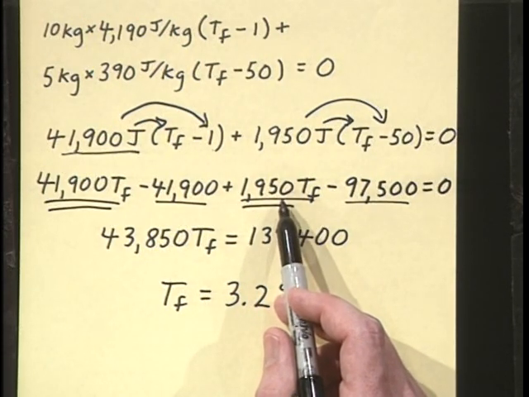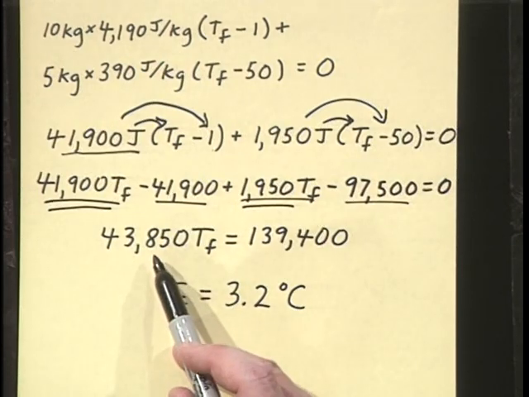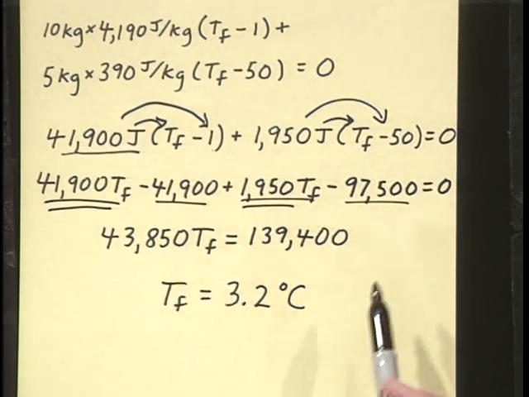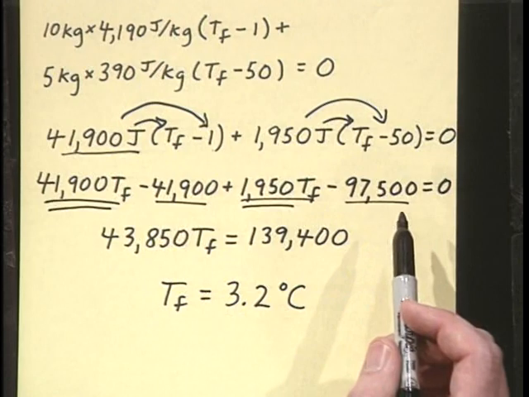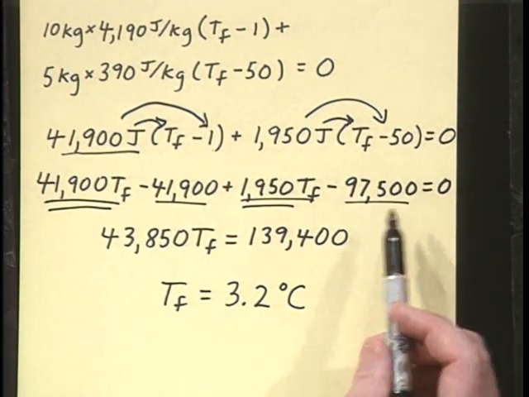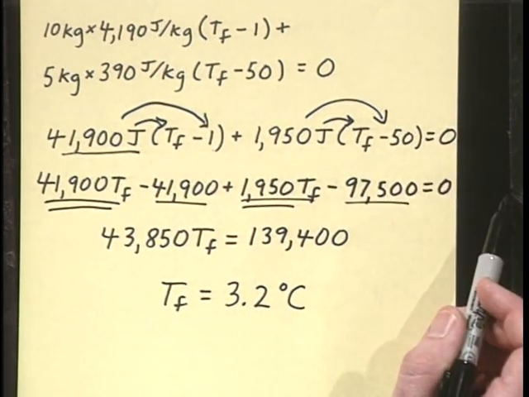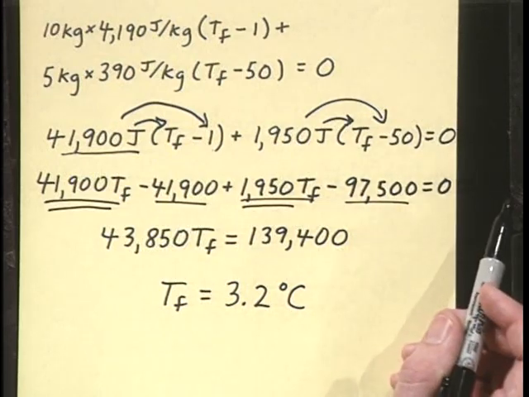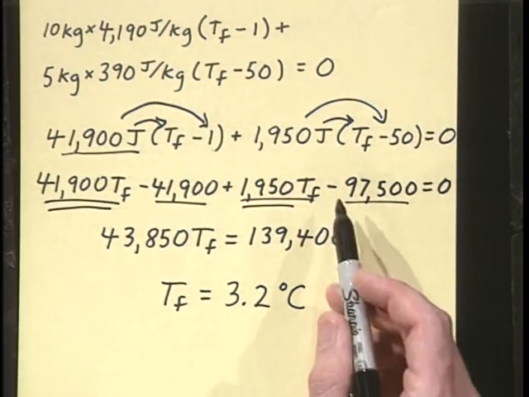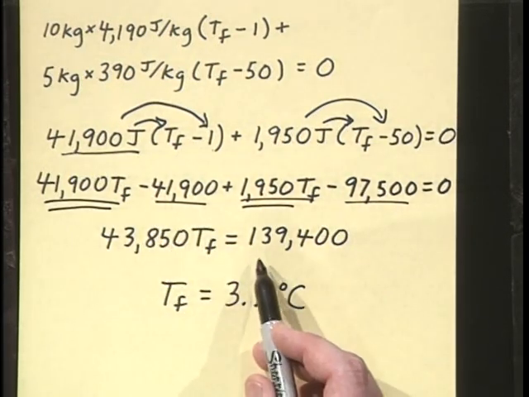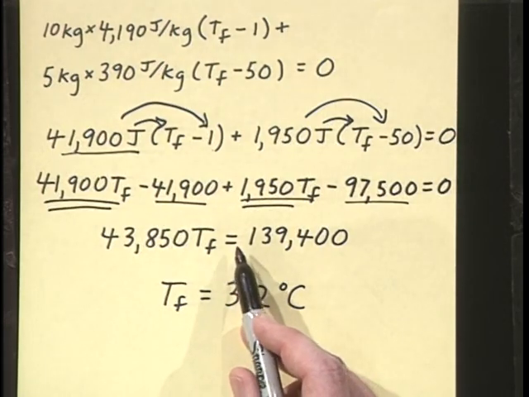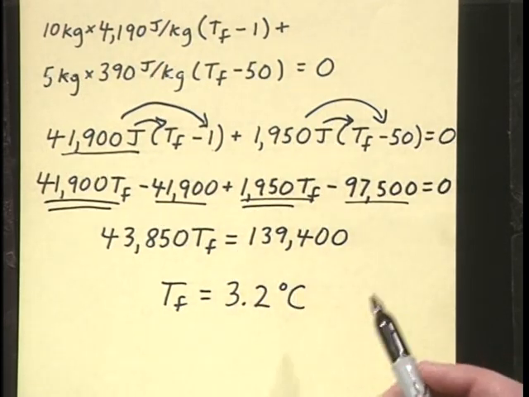That produces this value of 43,850 TF. And we have the equal sign here, and we're going to take these two numbers to the other side of the equal sign. So they're going to change signs. Instead of being negative numbers, they're going to be positive numbers once moved to the other side of the equal sign.